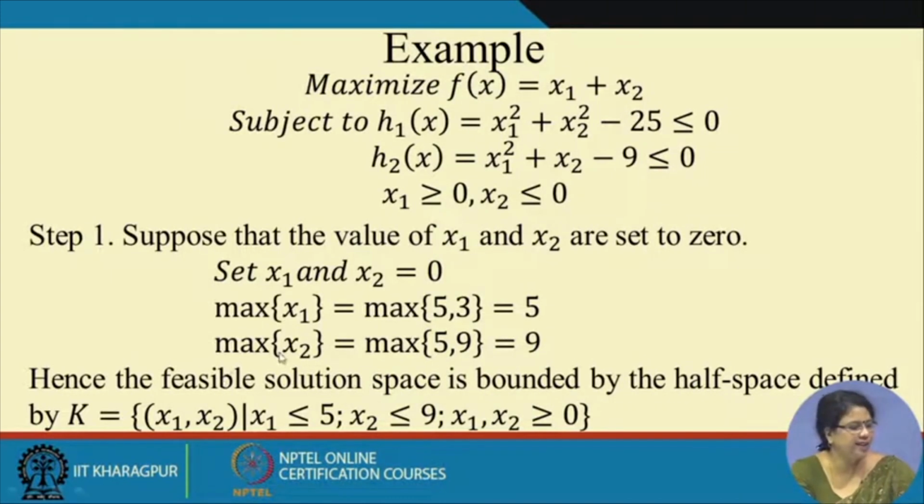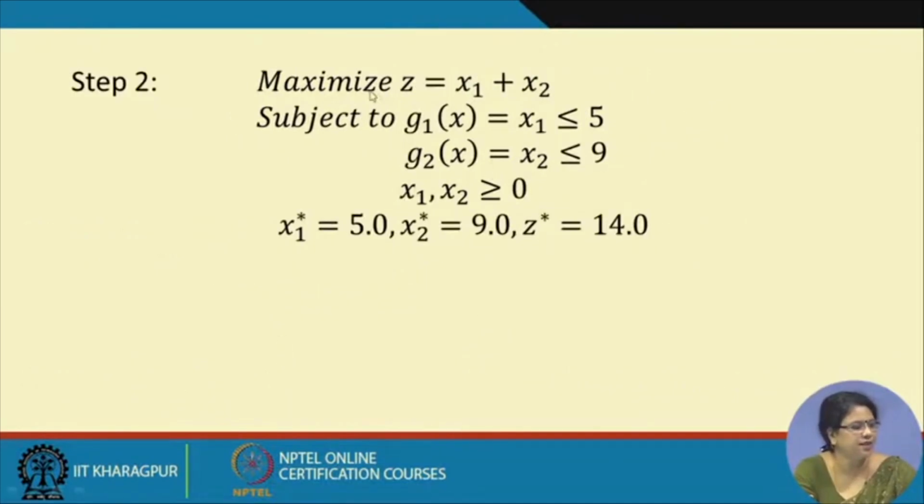Once we have that, we will solve this. Minimization of z equal to x1 plus x2 subject to x1 less than or equal to 5, x2 less than or equal to 9. We will get the solution (5.0, 9.0), and the objective function value we will get is 14. Once this is the optimal solution, we will consider it in the next iteration.